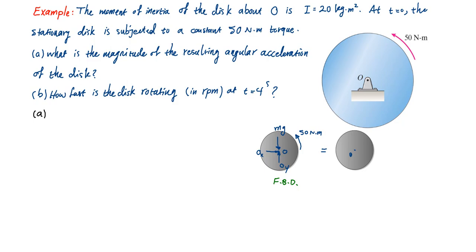So the only thing we have in the kinetic diagram would be I-O alpha, the kinetic components. That's what we do, right? Forces and then kinetic diagram, and then we make them equal. This is the kinetic diagram.